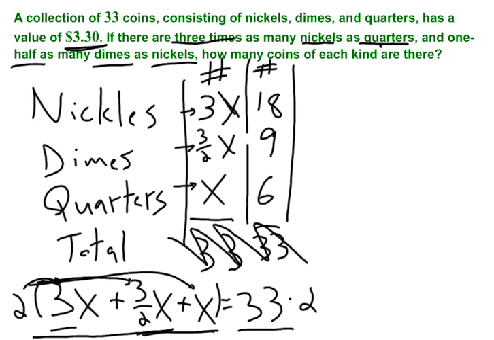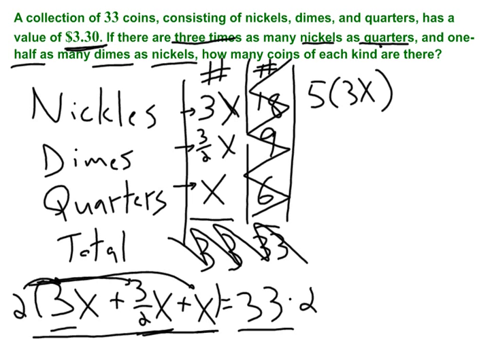We could look at this question and say, I don't know this information anymore. I've got 3x nickels. Each one is worth 5 cents. So I've got 5 times 3x being the value of my nickels. I've got dimes that are worth 10 cents each. And I've got quarters that are worth 25 cents each.